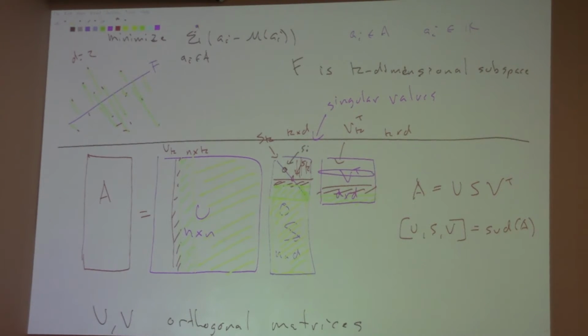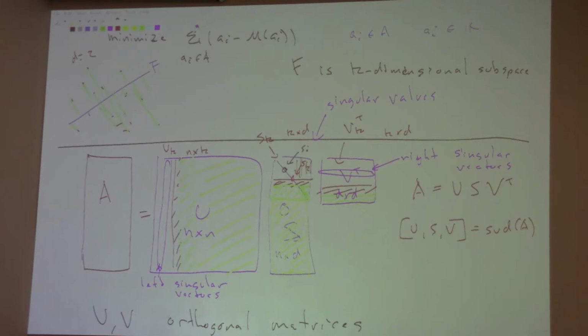The rows of V are called the right singular vectors, and the columns of U are called the left singular vectors.